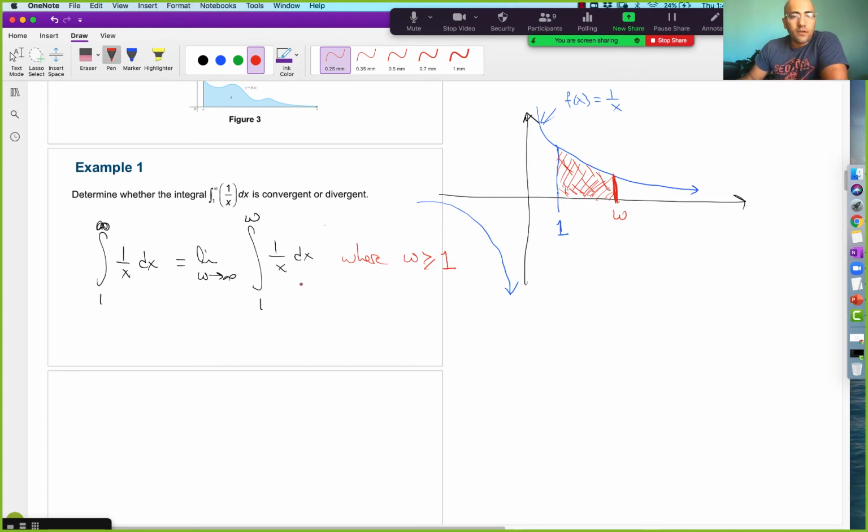Good. Okay, so now we try and find this integral. So now we're just focusing on this part by itself, figuring out what that is. And well, that's just going to be ln, right?